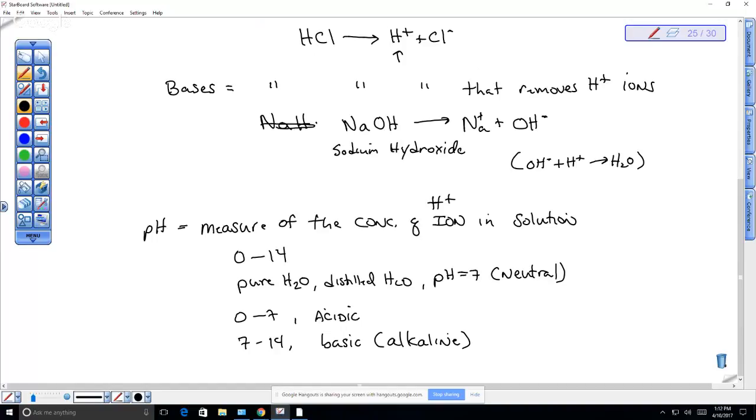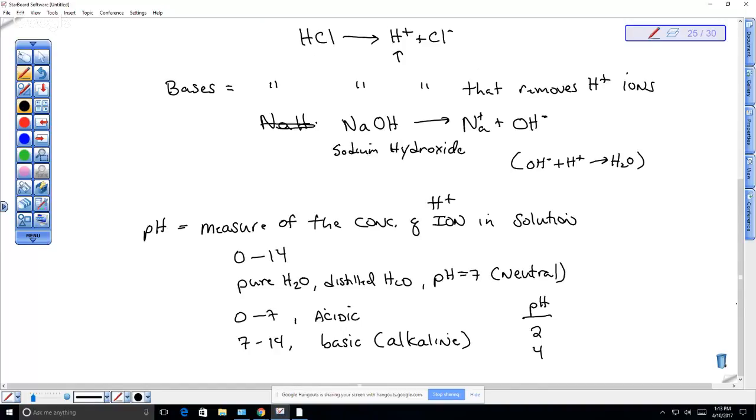Okay, so why is it, if this is the measure of concentration of ions in solution, why isn't it the higher the number, the greater the acidity? It's because it's a negative inverse relationship. So if we look at the pH, and let's say we have a pH of 2 versus a pH of 4, which one's more acidic? 2 or 4? 2.